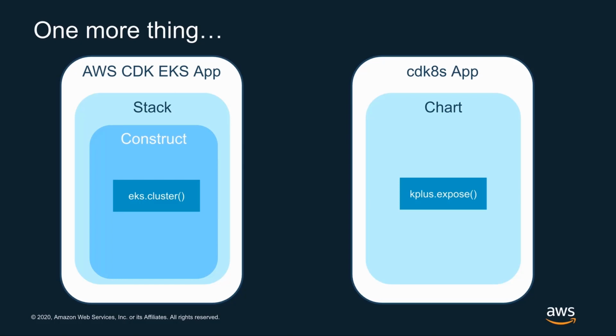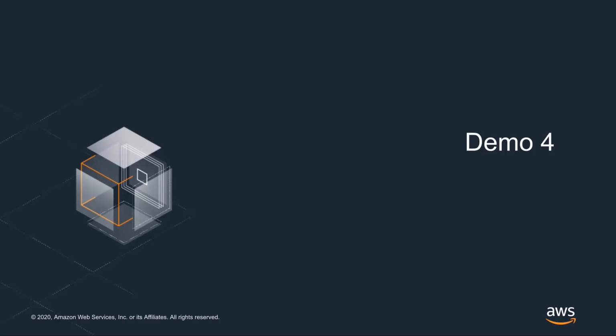So how about using that chart within the code of CDK? So right within one piece of code, you can have the chart that was created using CDK8s, but you are using your more familiar CDK constructs, so keeping it all within one piece of code. So let's jump right in.